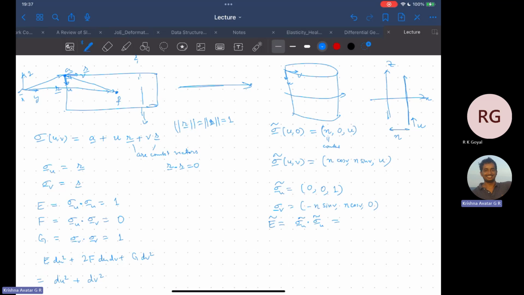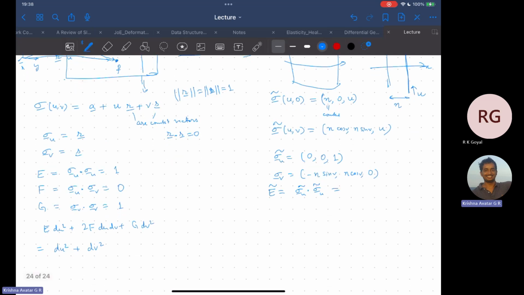So n dot n, sigma u is (0, 0, 1). Fine. Okay, sorry, it's fine. It's actually sigma u dot sigma u, right? Yeah. So it's 1. Then F tilde is equal to sigma u tilde dot sigma v tilde. And this sigma u is perpendicular to sigma v. So this is actually 0.